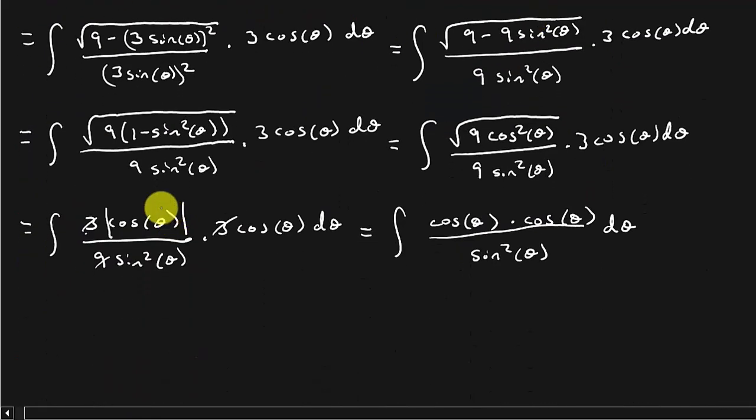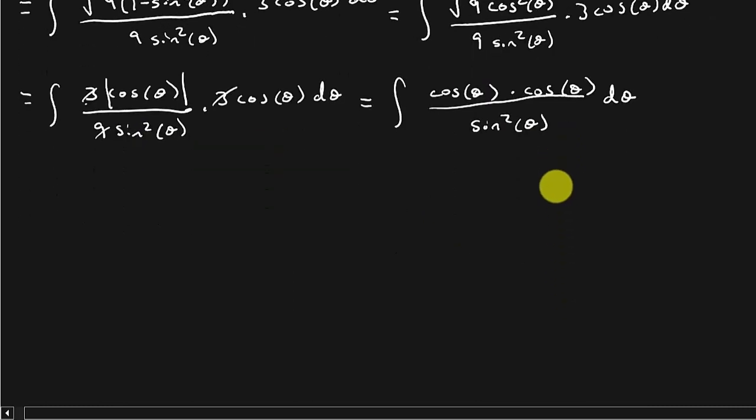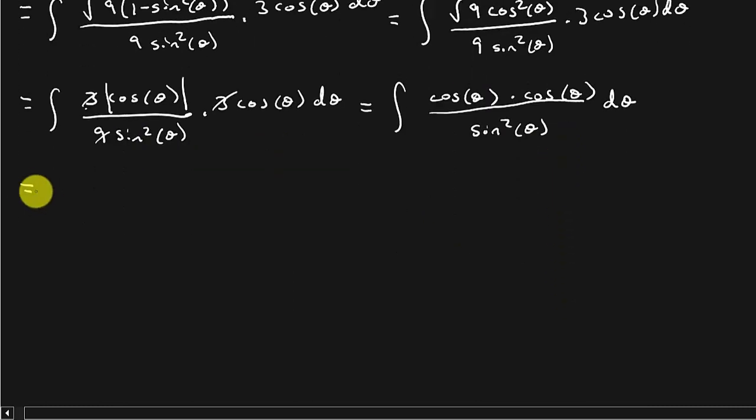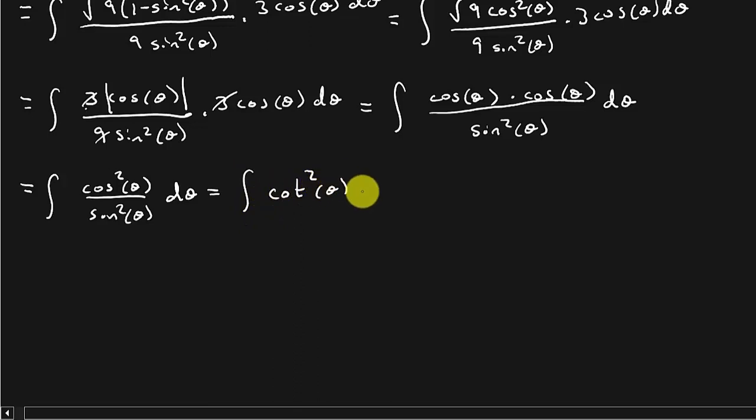And so that's how I know this cosine is positive, so I can just write positive cosine. And so now I get cosine squared theta over sine squared theta d theta. And that's equal to the integral of cotangent squared theta d theta.